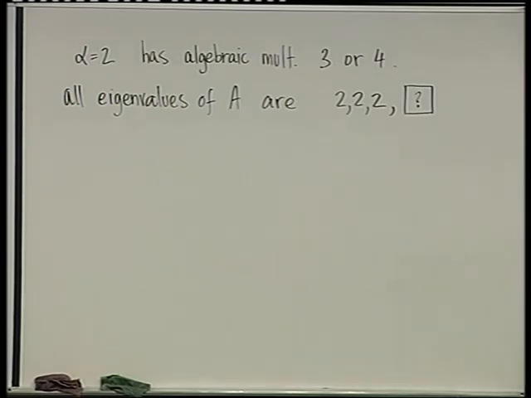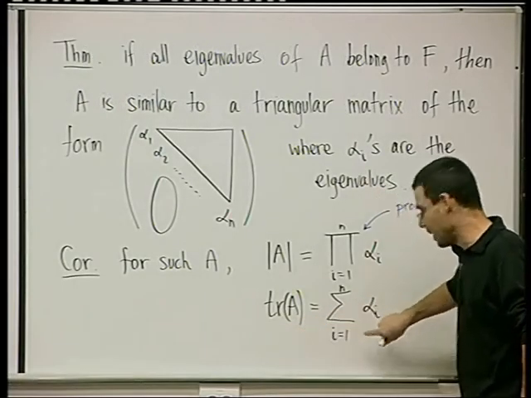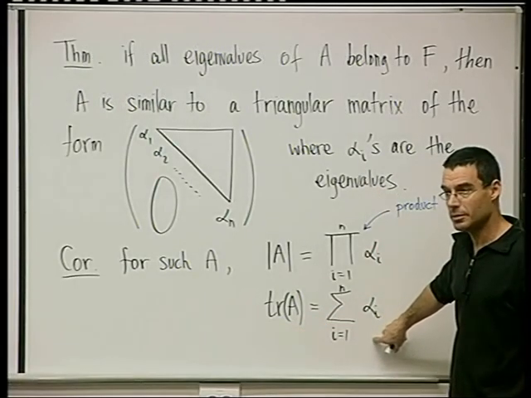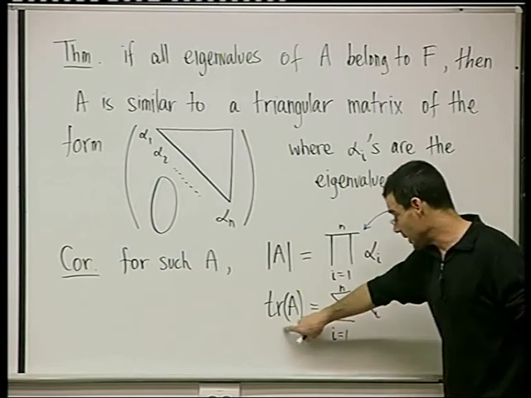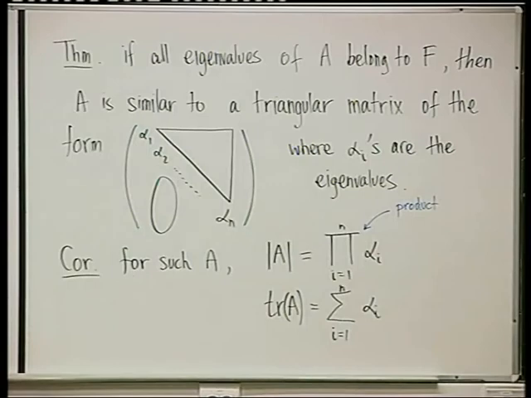Let's go back to the previous corollary. The trace of A is the sum of the eigenvalues. Remember this? The trace is the sum. Let's go back to the matrix. Did you follow me to that board? Okay, just making sure.